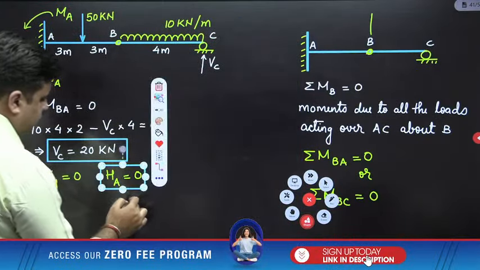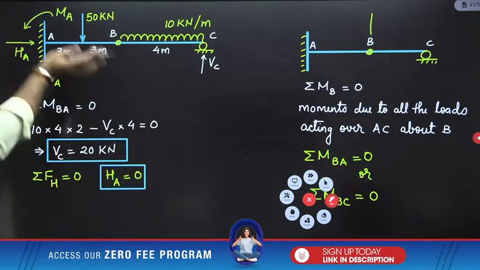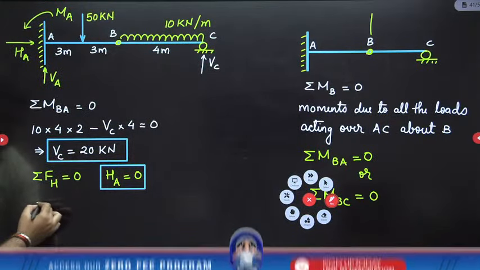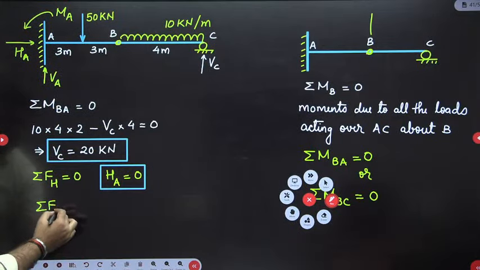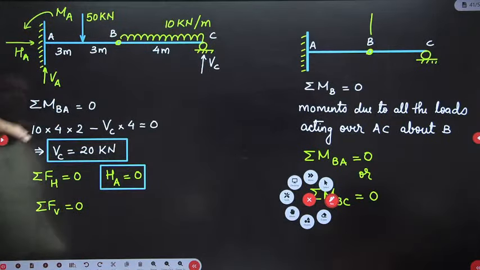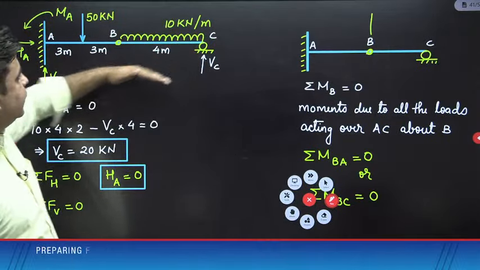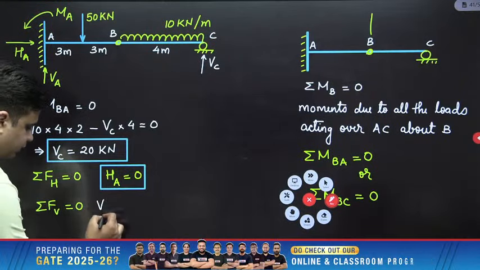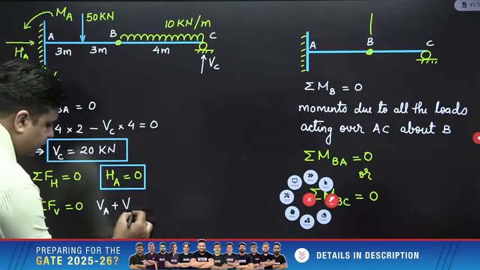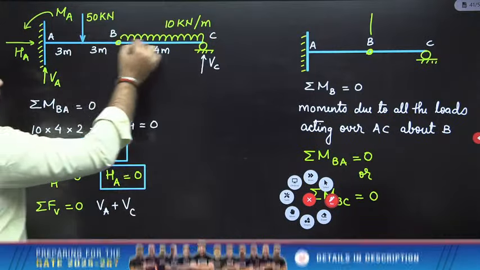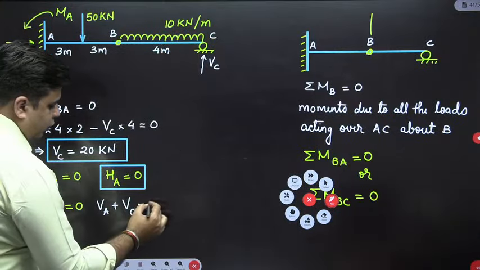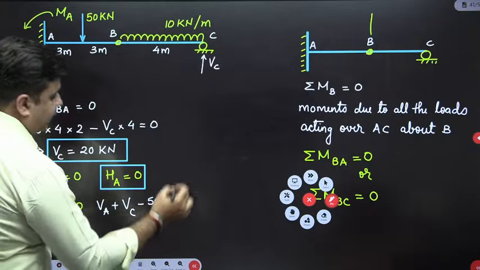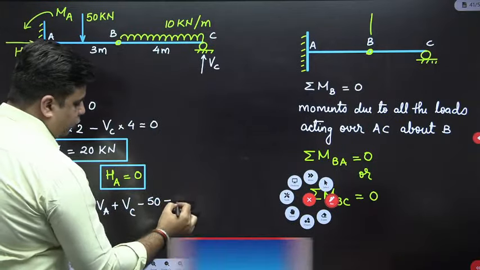Now next, for calculating VA, write down summation of vertical forces equal to 0. You have VA acting upwards, VC acting upwards, and these two loads acting downwards. So I will write plus VA plus VC minus 50 minus 10 into 4, which is the total load due to UDL.